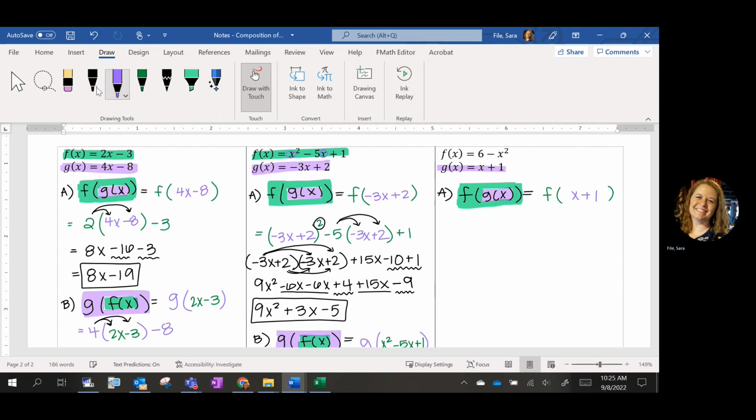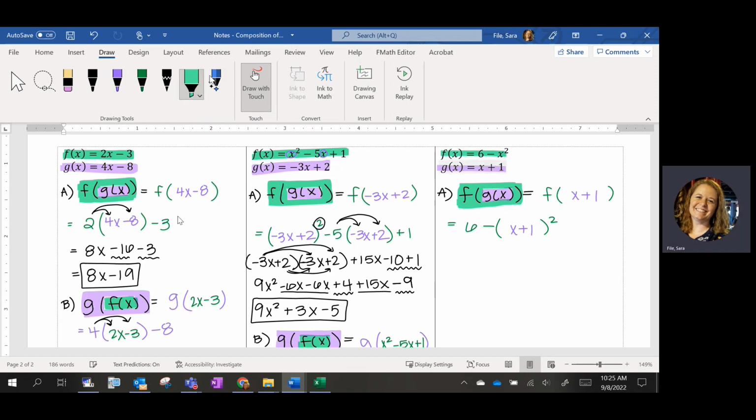So that is 6 minus, and then in the x squared, we're going to replace that x with the x plus 1. All right, so now to simplify, what do I need to do?